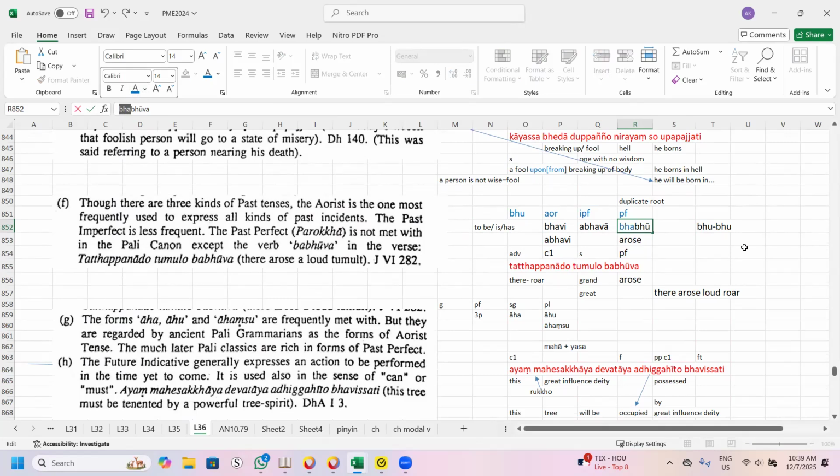This is fixed, you cannot change it any way. The first bu must change to ba.